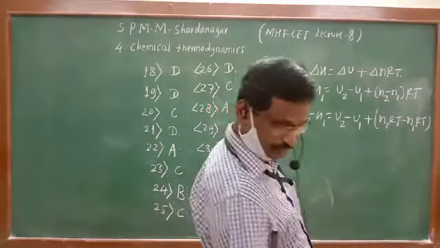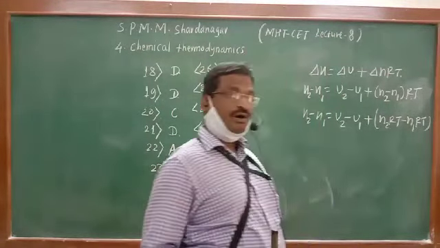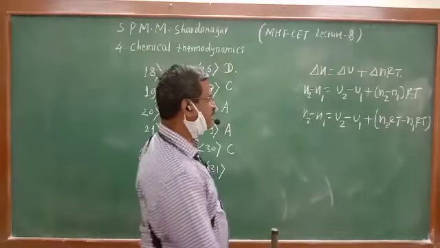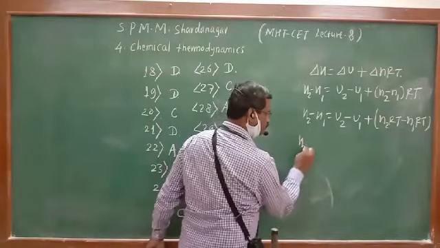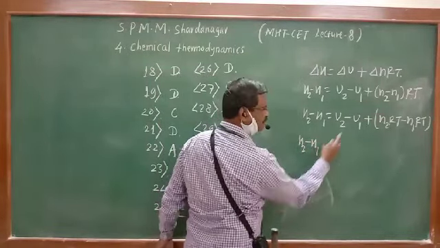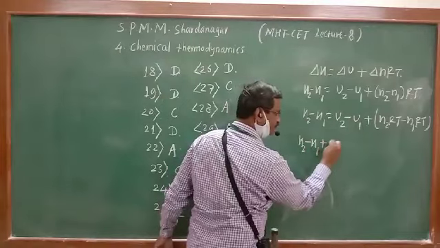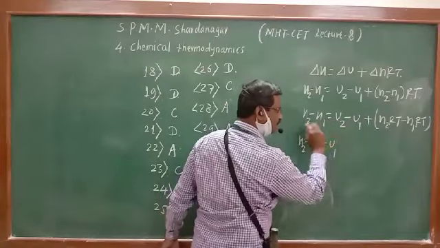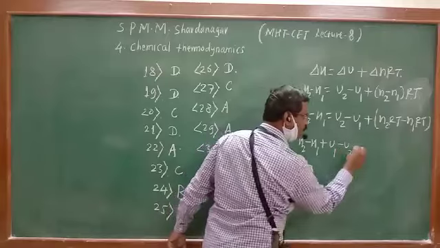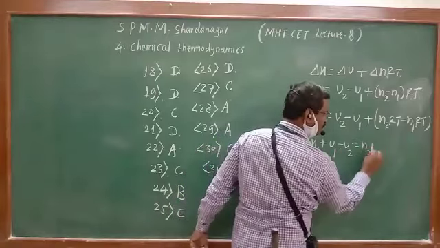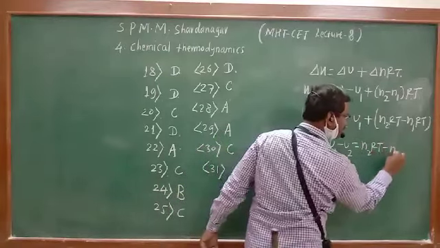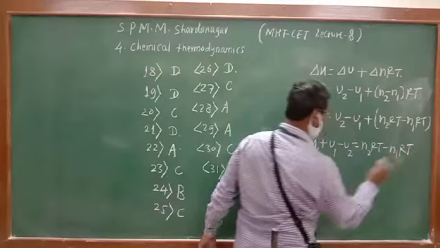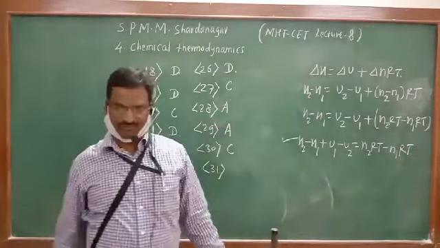That is the equation. Now on solving this, see what it becomes. H2 minus H1, with U1 taken to the left side plus U1, minus U2, is equal to n2RT minus n1RT. So this is the final formula.